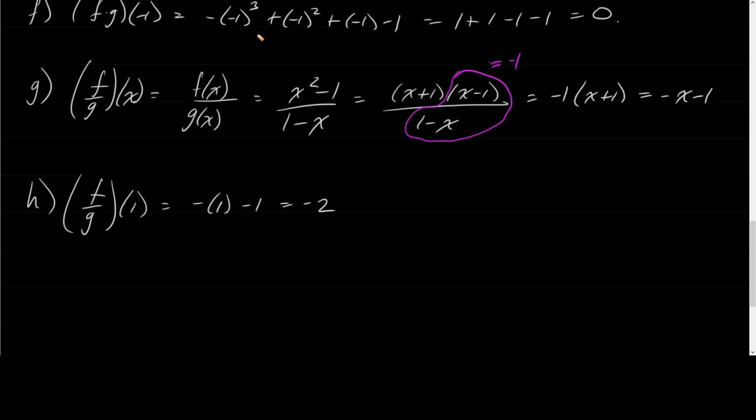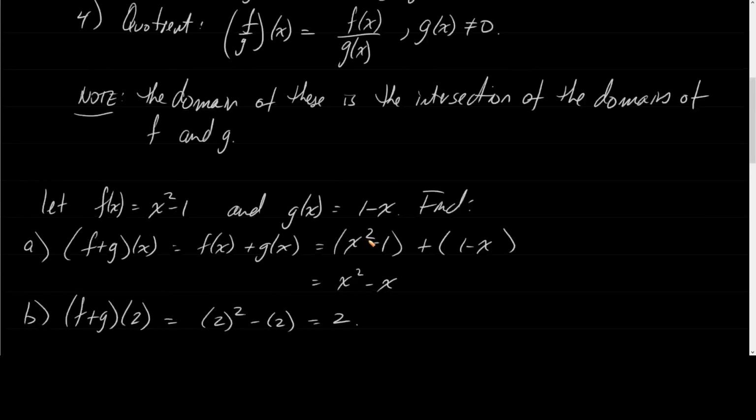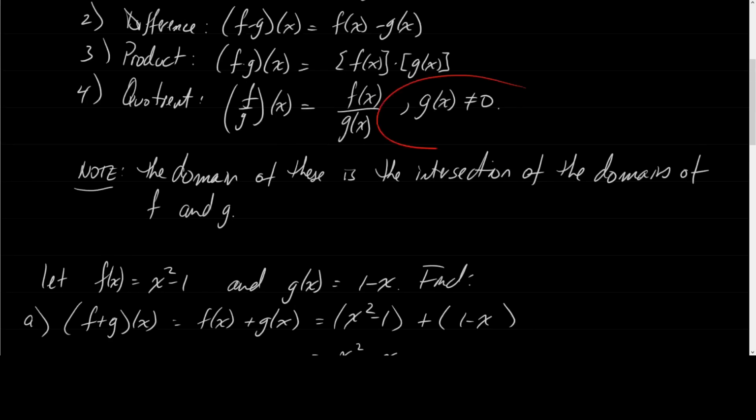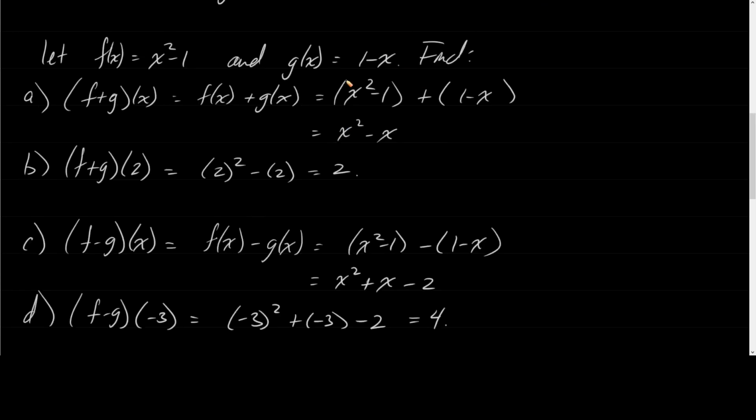Now, that's wrong. Why is that wrong? We followed the same exact steps as we did on the other ones. Well, let's remember something. Let me scroll up so you can see it. The domain was the intersection of the domains of f and g, but also you cannot include the values that make the denominator 0. If you look at g of x, 1 makes g of x 0.